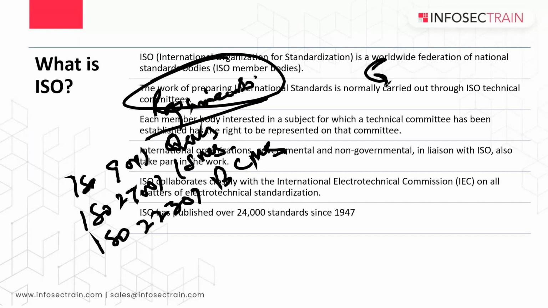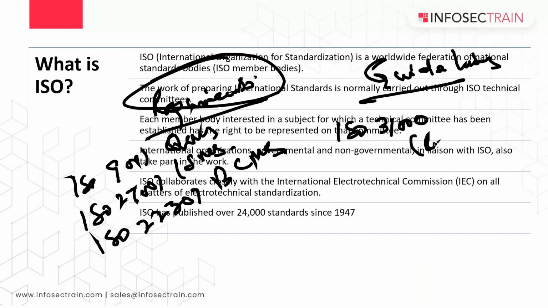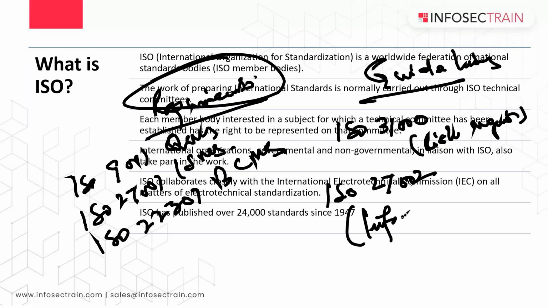On the guidelines side, we have ISO 31000 related to risk management. It is not a certifiable standard, it provides a framework for risk management. Then there is ISO 27002, which provides guidance on information security controls. Again, it's a guidance standard, not certifiable. So this is a major difference.